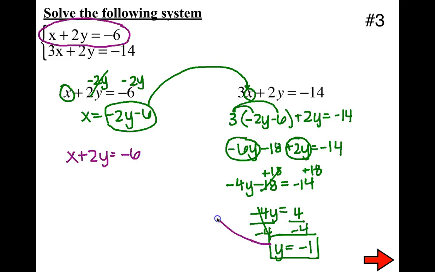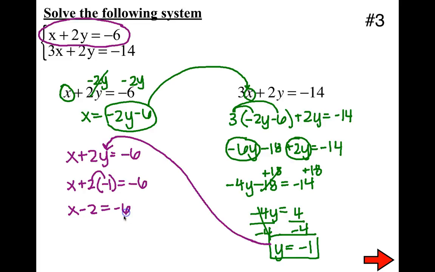I'm going to go ahead and take this y and plug it in for y into this equation, which is going to leave me with x plus 2 times the quantity. Instead of y, I'm going to write negative 1 equals negative 6. Now I have x, 2 times negative 1 is negative 2, equals negative 6.